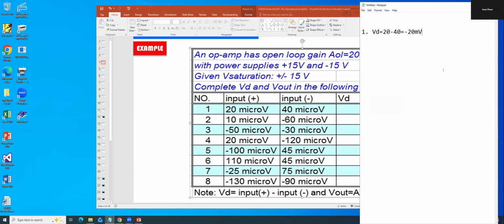So what is VD equal? Minus 20 microvolts.